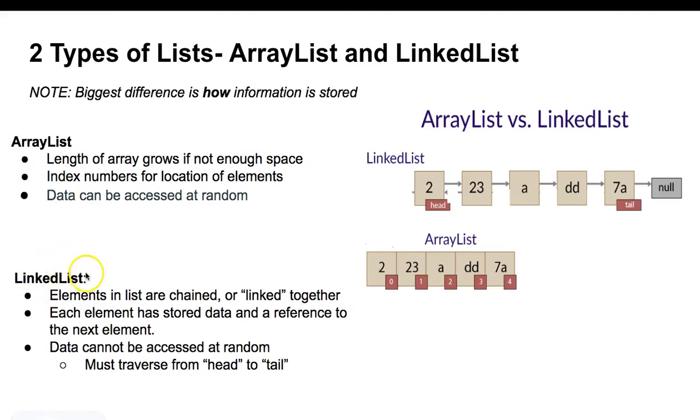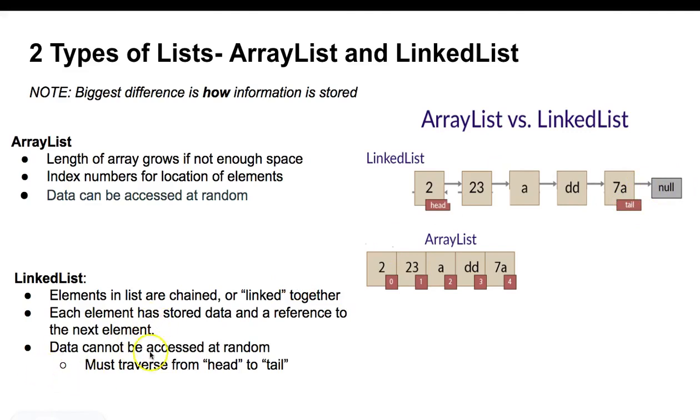For a linked list, like we mentioned earlier, the elements are linked together. Each element has data and a reference to the next element. In this case, we're storing 2, and it's pointing to the next element, which is storing 23, and it's pointing to the next node, which is storing the letter A, which points to the next node, which has the letters DD, so on and so forth. We know we've reached the end when it's pointing to null, because there's nothing left at the end of the tail.